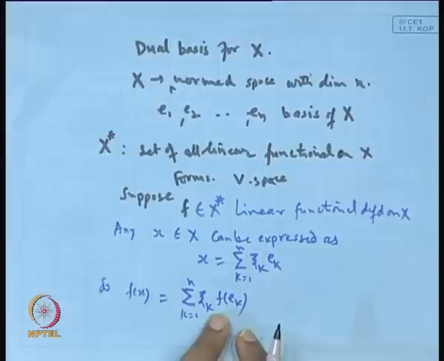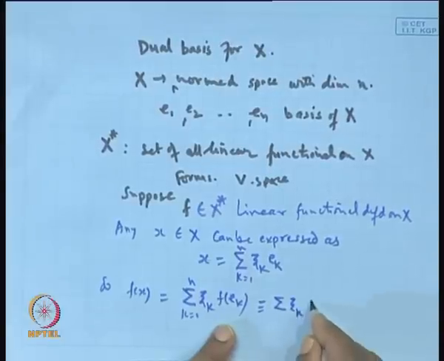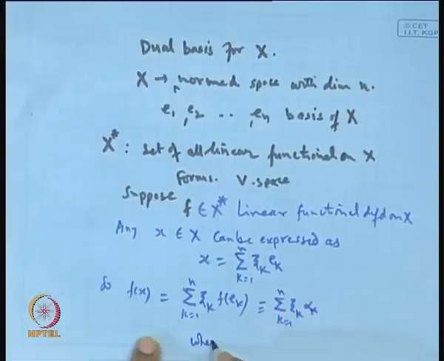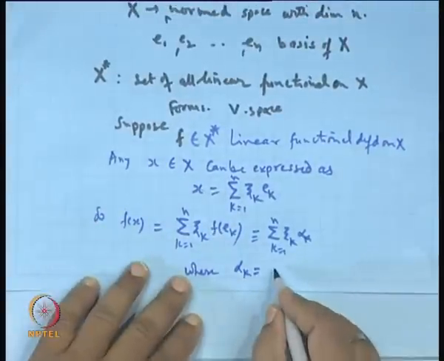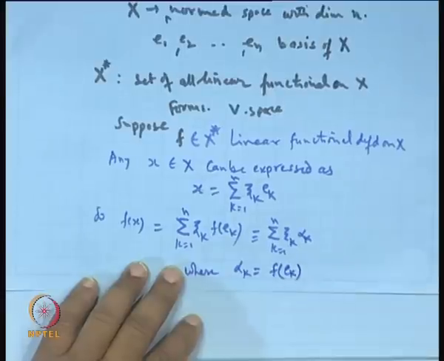Now, f is a functional, so f of E k will have some scalar value. So, let it be that f of x equals sigma xi k alpha k, k is 1 to n, where alpha k is the value of E k under f.